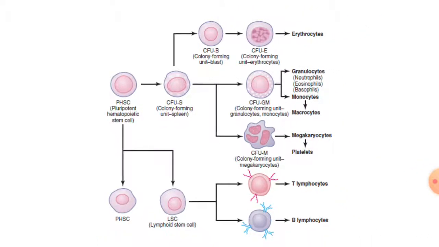The process of production and formation of the different cells of the blood is under the control of different proteins. We call them growth inducers or differentiation inducers.